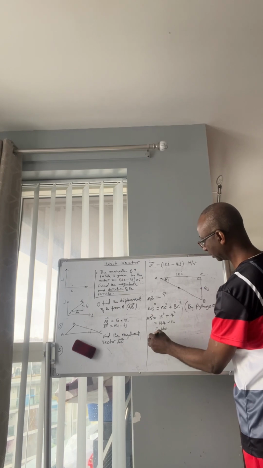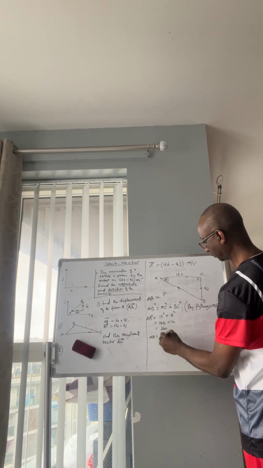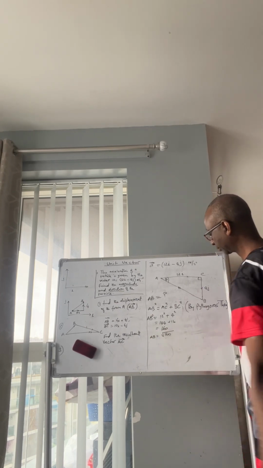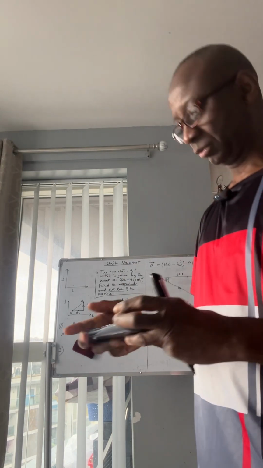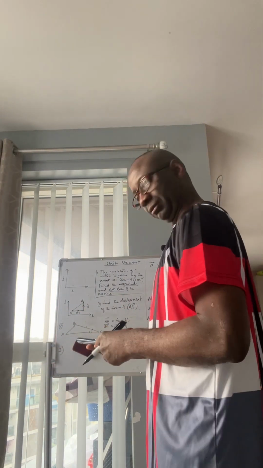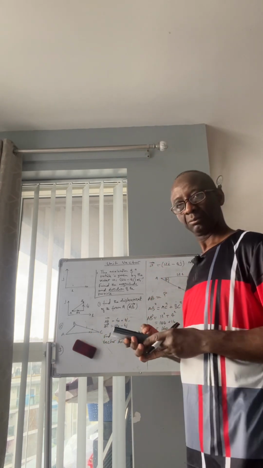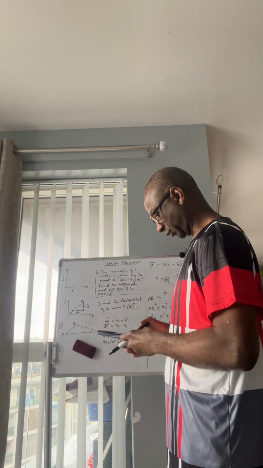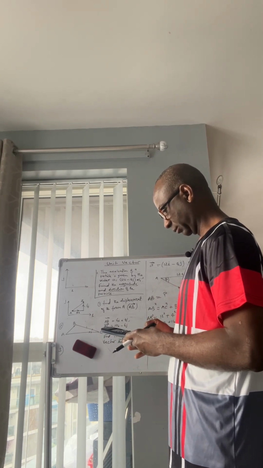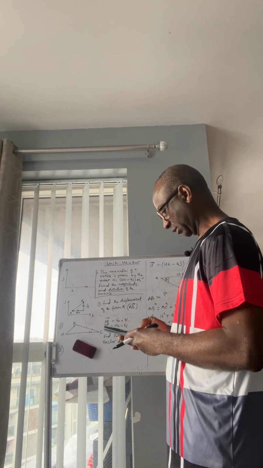So AB is equal to the root of 160. Let me use my calculator. The square root of 160 gives you 4 root 10.